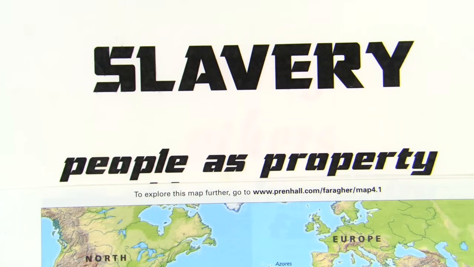A slave is a human being owned by another human being, like a chicken, a dog, a horse, a cow, a fence post. Now when you think about that definition, carry it to its extreme. Let's say you got a horse that's all broken down, isn't any good to you anymore, and you can't sell him to anybody. What do you do with him?